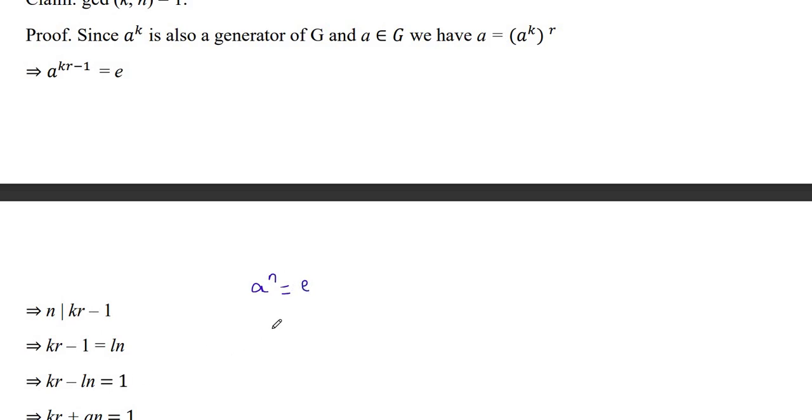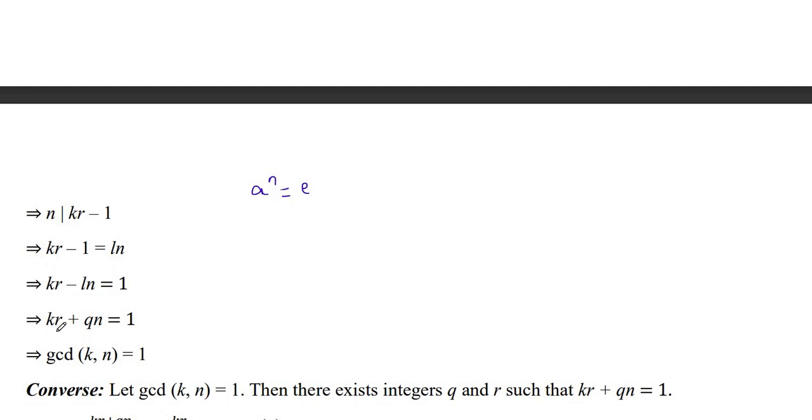And we know that whenever N is least and for some other integer you have this, then the least must divide that other integer. So based on that you have N dividing KR minus 1, and this in turn implies KR minus 1 is some integer times N, or KR minus LN is equal to 1. You can just rewrite this as KR plus QN equals 1.